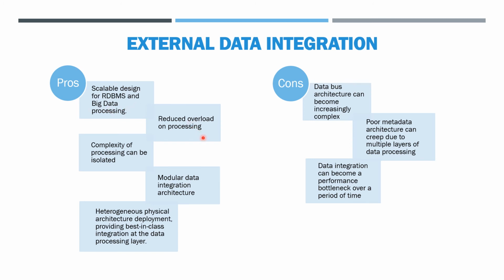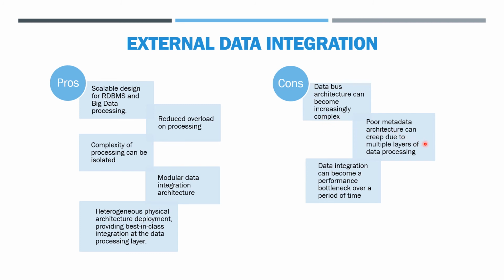It reduces overload on processing. The complexity of processing can be isolated, and there is a modular data integration architecture and heterogeneous physical architecture deployment, providing best-in-class integration at the data processing layer. But there are cons, of course. For the cons, the data bus architecture can become increasingly complex.